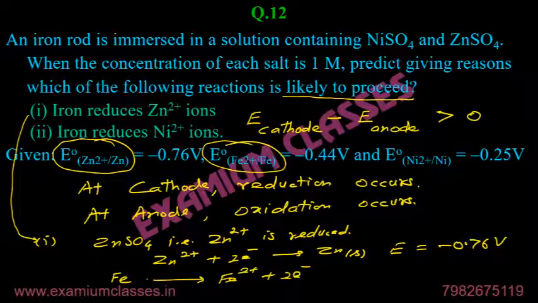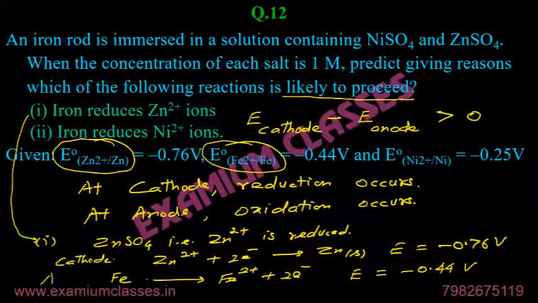Now iron is oxidized, so it is at the anode, and for this one the electrode potential is given minus 0.44. Cathode and anode.